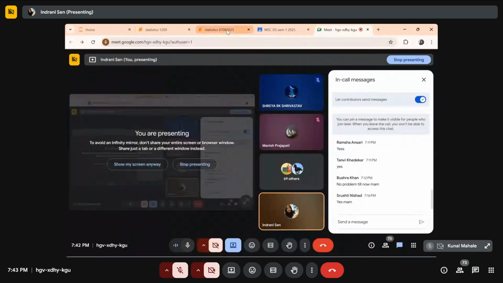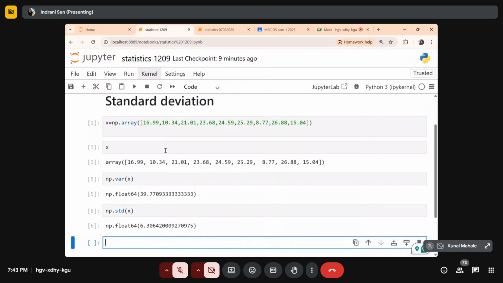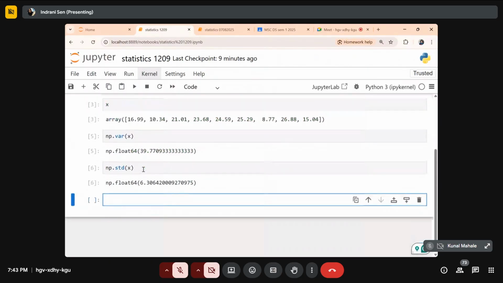Here we did the standard deviation and checked it for two columns. One is for the total bill, another is for the tip.